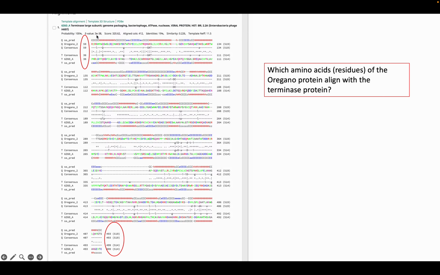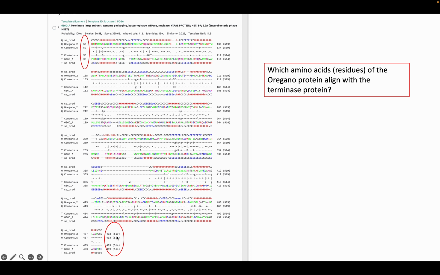Okay, next, the other thing I want you to look at is which amino acids of our query protein align with the terminase protein. So here we can see the 59th amino acid of our query protein aligns to amino acid 36 of the target protein, and the alignment goes through 493 of our query to 499 of the target.